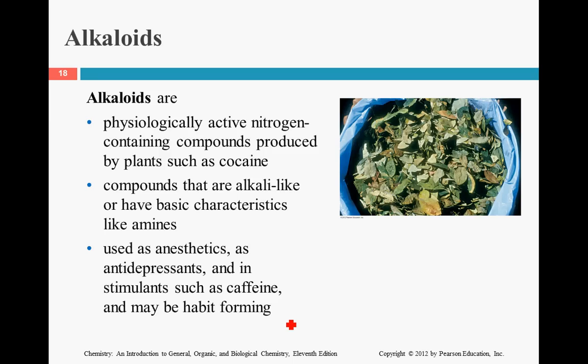Alkaloids are the nitrogen-containing compounds produced by plants. For instance, cocaine is big in it. It's also in anesthetics and antidepressants and caffeine, things that interact with the central nervous system.